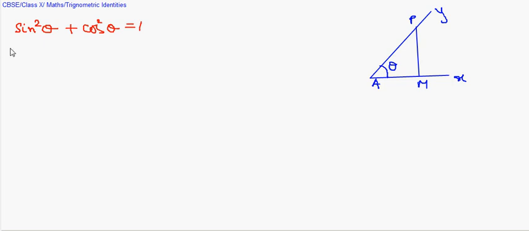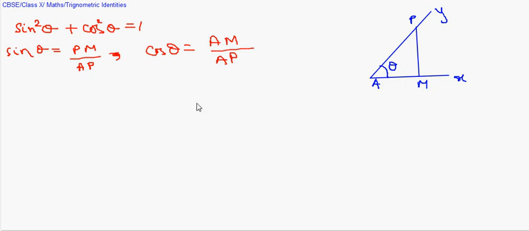Sine theta in this figure is perpendicular by hypotenuse, that giving me PM by AP. On the other hand, cos theta is base by hypotenuse, that is AM by AP. Now it says square of sine theta, that means what?